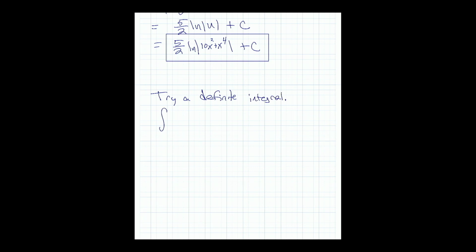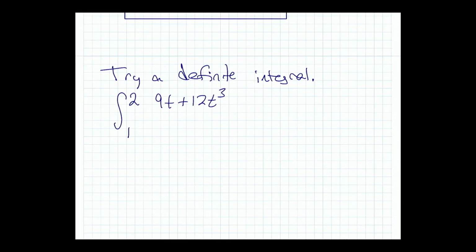So we're going to do an integral from 1 to 2 of 9t plus 12t cubed, over 3t squared plus 2t to the fourth, dt.